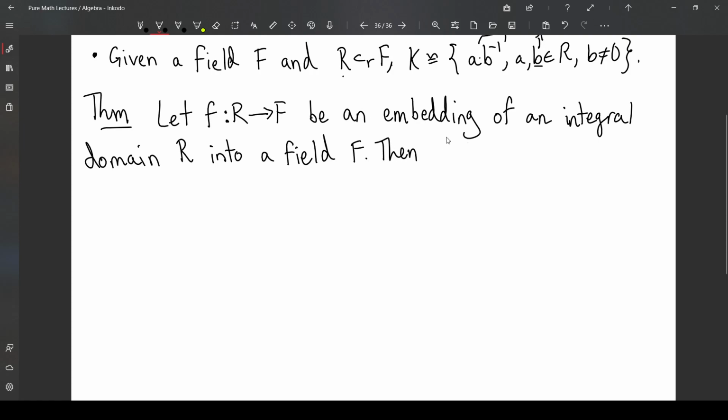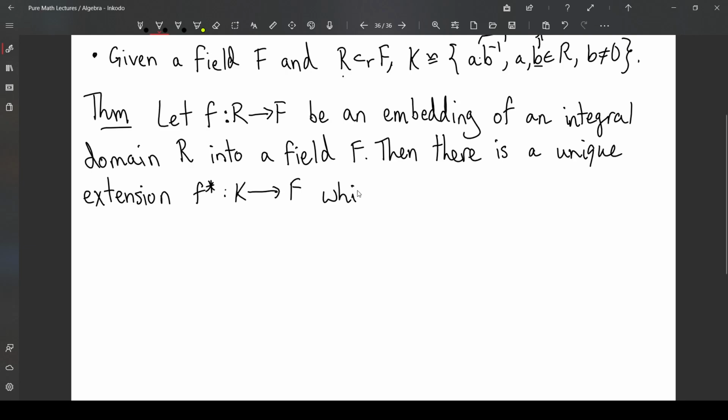Then there is a unique extension f star from K to F, which is also an embedding.